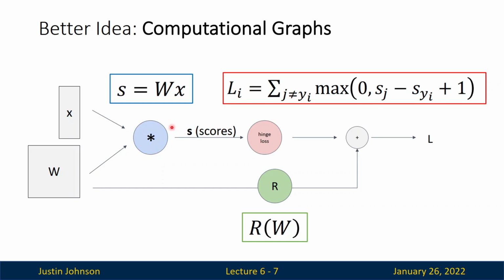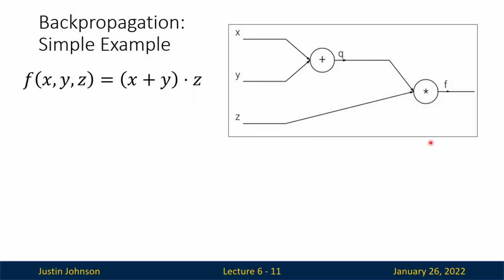So the result s is here. And if there are other regularization terms, say on w, I will add the regularization term somewhere and get the final loss function. When I have the computational graph, then I can compute the gradients step by step, like this.